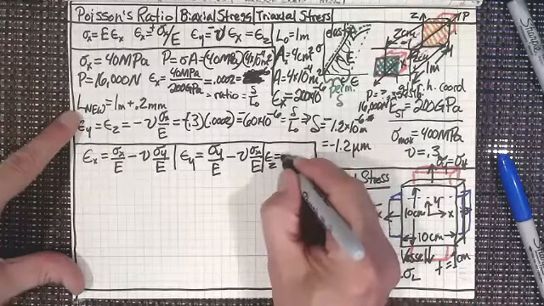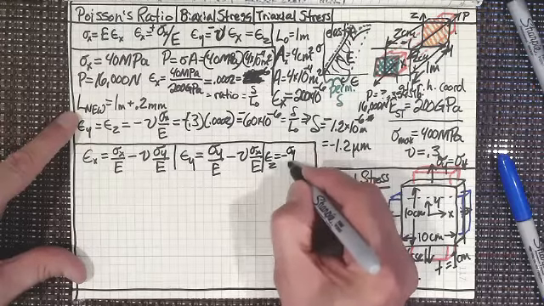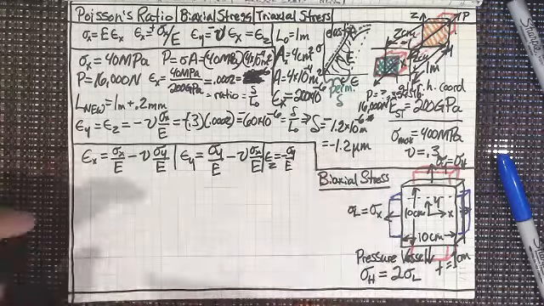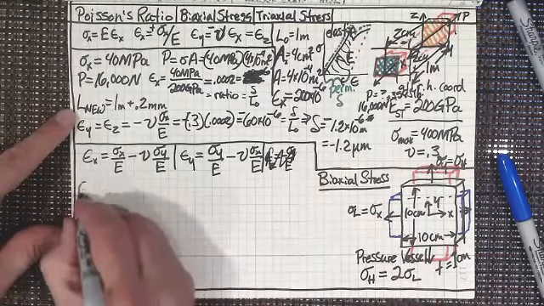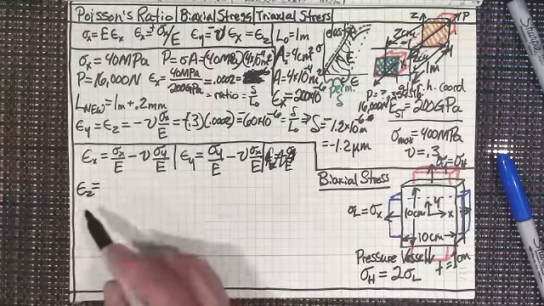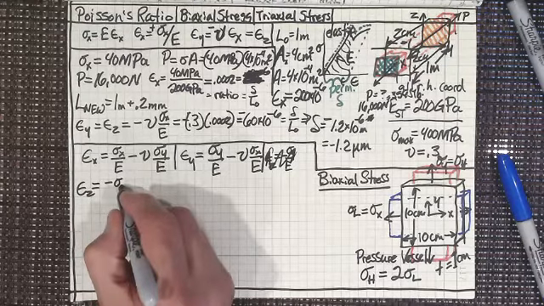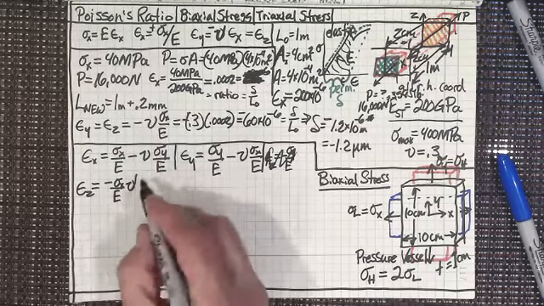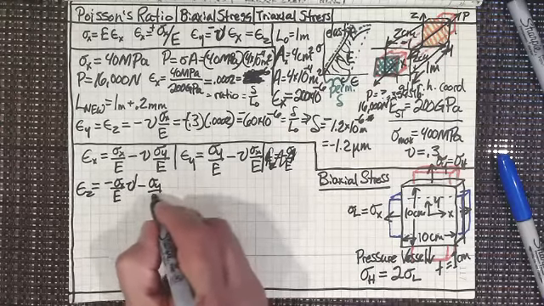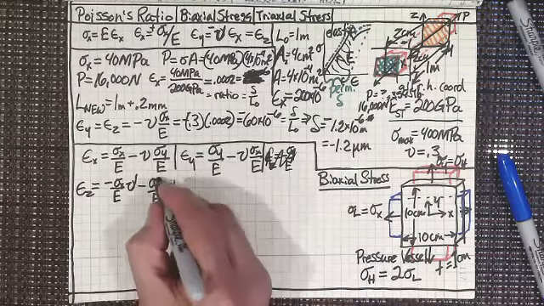So epsilon sub z, the strain in the z direction, is going to be minus sigma sub x over E times Poisson's ratio, minus sigma sub y over E times Poisson's ratio. All right? Because they're both minuses. They're both making it smaller.